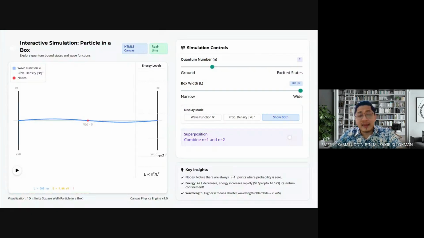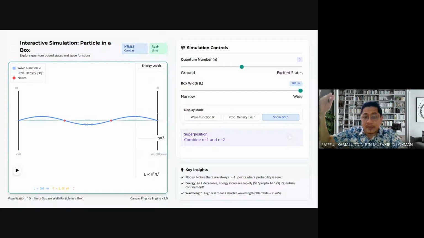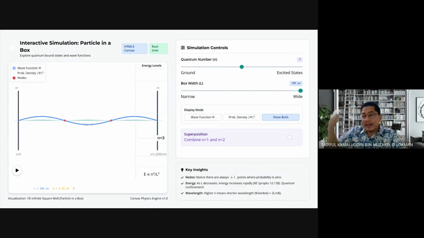How about E3? E3 means if n is equals to 3, this is our E3, the energy of electron with excited state. Number 2, the energy level is how many times? E3 is 9 times.